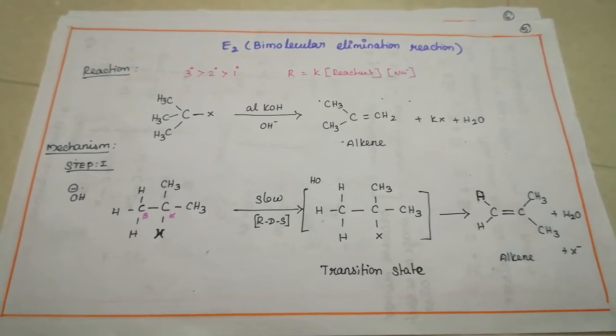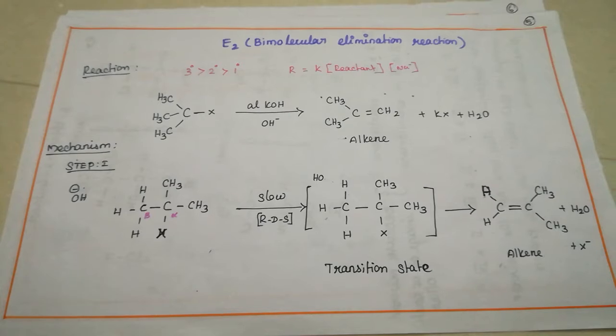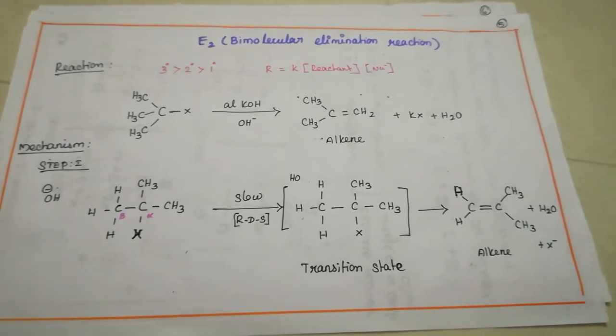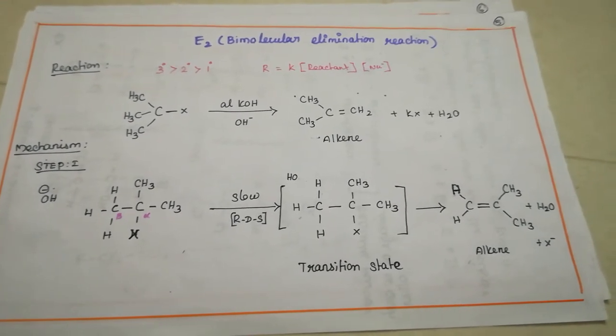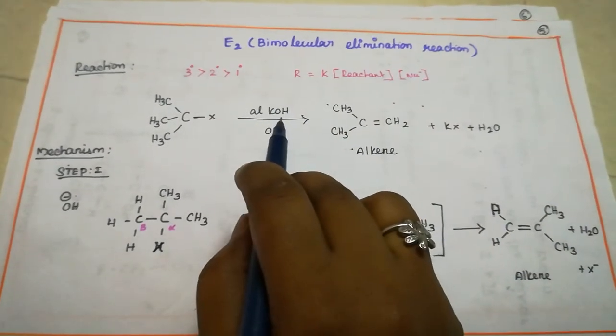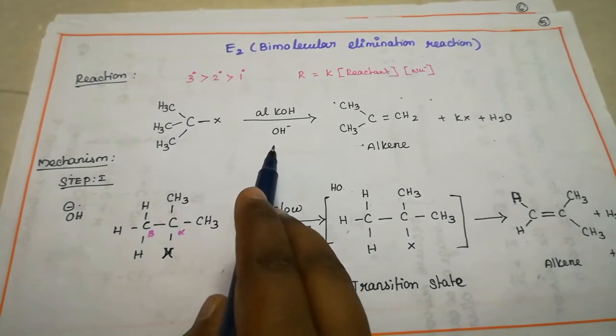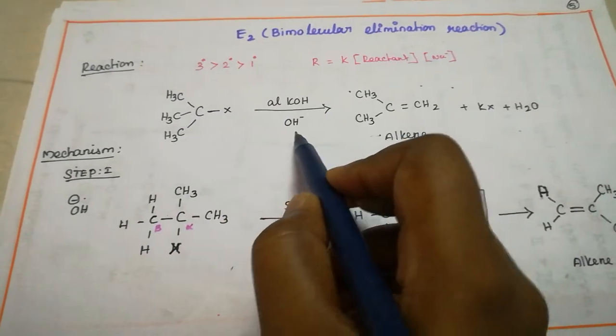The second factor, I am going to explain this reaction. We introduce the strong base, alcoholic KOH. In this reaction, the attacking nucleophile is OH minus.